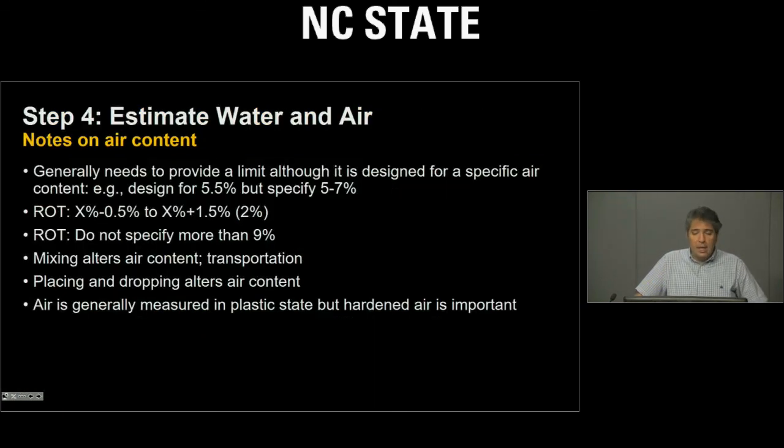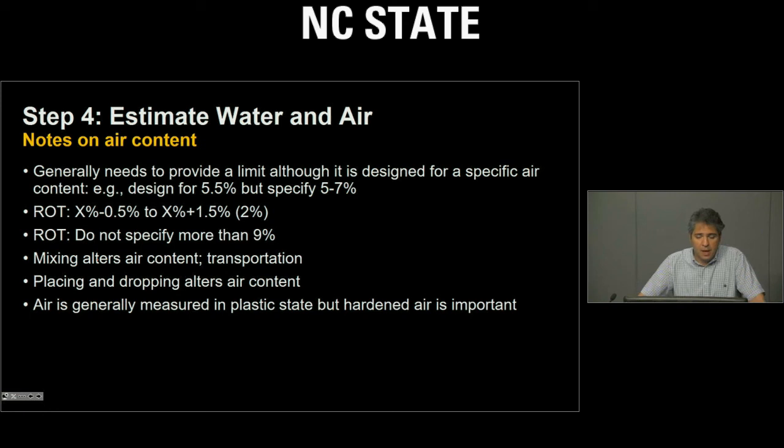Now, generally, here are a few guidelines for you with regard to the amount of water and air. We generally need to provide a limit for the amount of air.